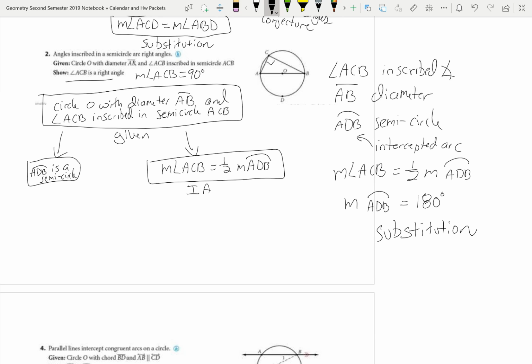The reason that this is a semicircle has to do with the diameter, and that's going to mean that the angle equals half the arc. So what's going to be the next step? Well, the next step is going to be substitution.